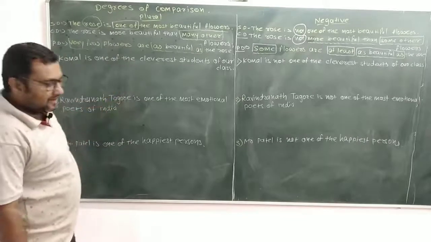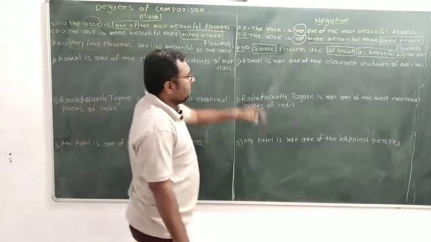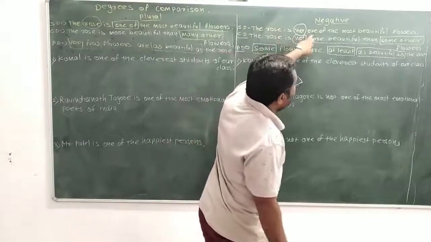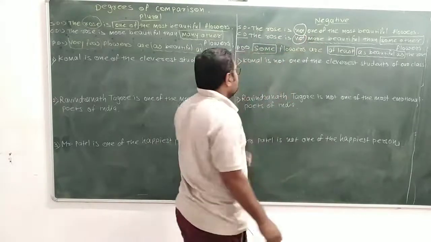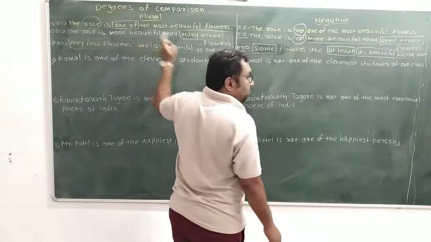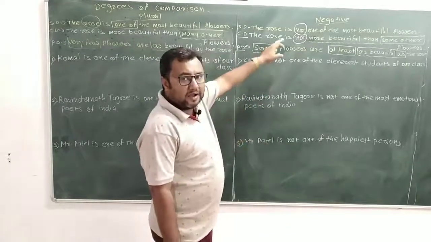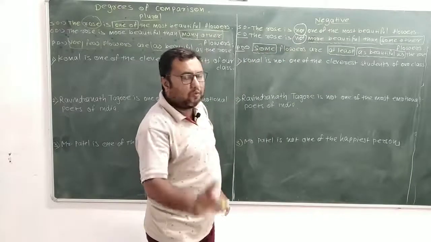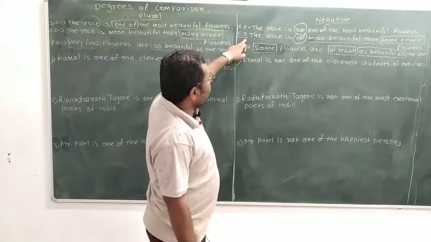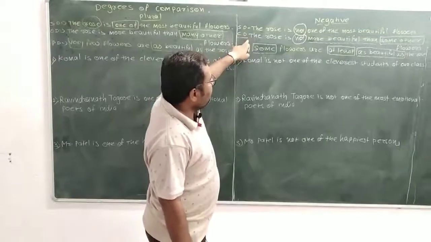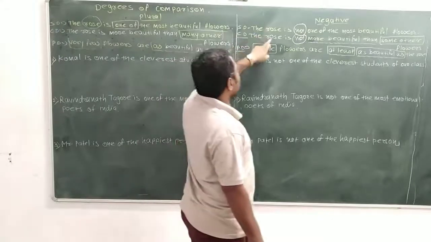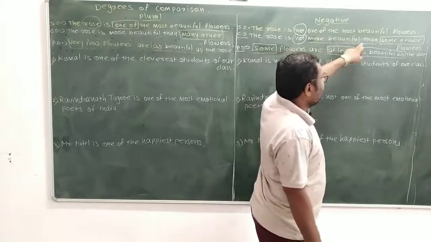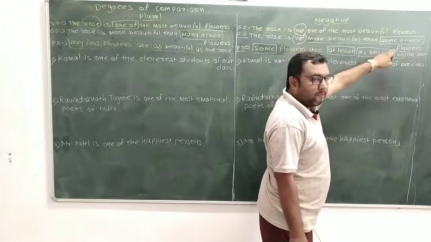Now you can see that in negative form, the rose is not one of the most beautiful flowers. When we convert it into comparative degree, write the same thing: the rose is not more beautiful than some other flowers.